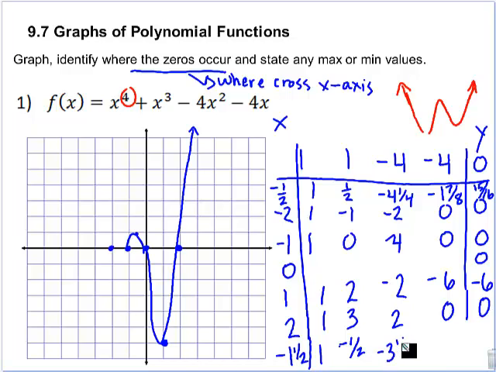Yep, negative 3 1/4. Negative 3 1/4 times negative 1 and a half. 4 7/8. 4 7/8 plus negative 4. 7/8. And then 7/8 times negative 1 and a half. Yep, negative 1 and 5/16 plus 0, so negative 1 and 5/16.